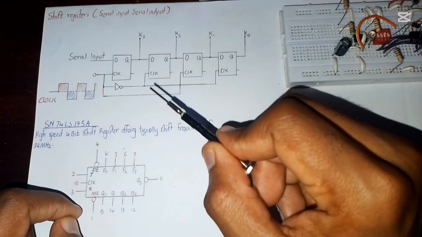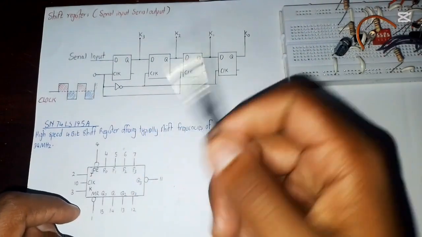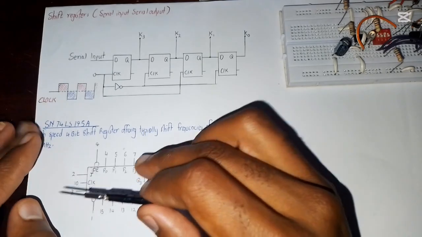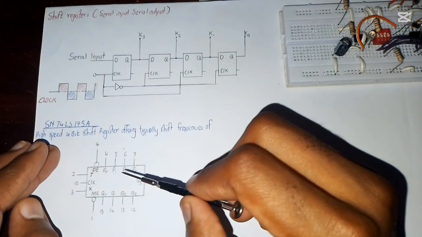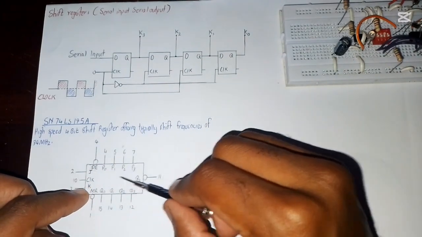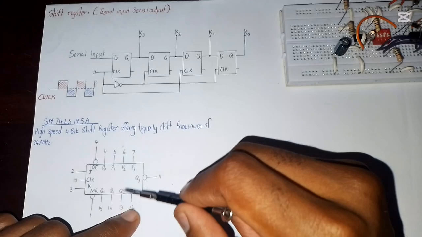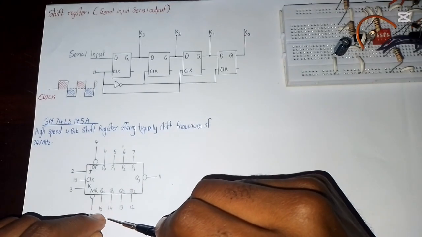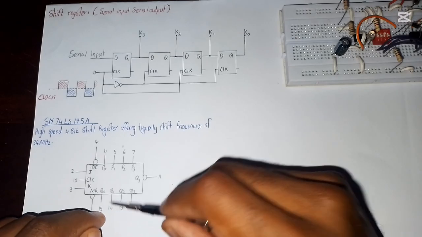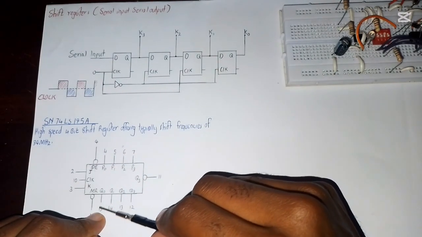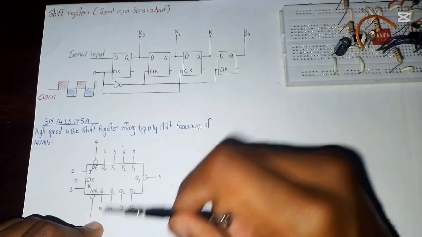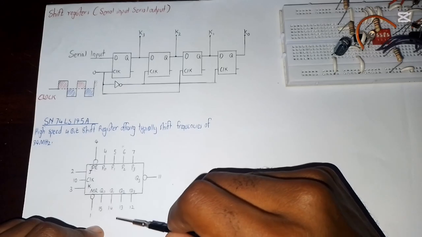If you want to use serial, like in our case, which we have connected in a serial manner, we use J and K only as the serial input, and we leave the others open. The output is taken from pin number 12 to pin number 15. That's where you get the output. If you want a single serial output, you can just take it from pin number 15, because the data is just going to shift through.